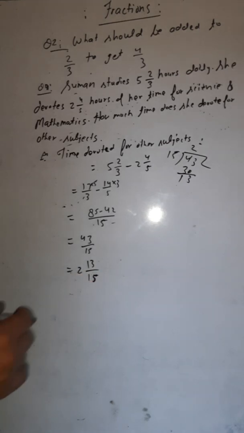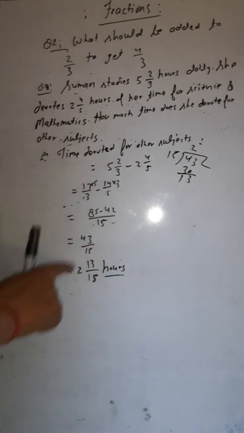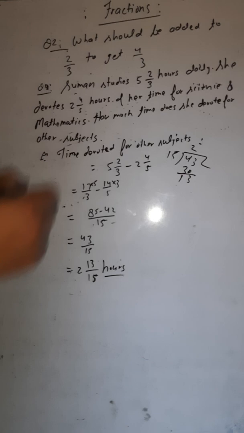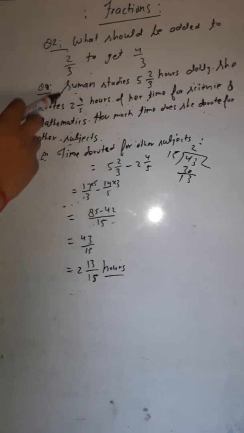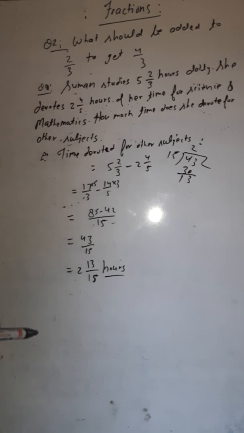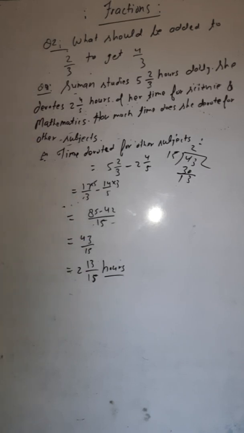So this is the time, write here hours. This is the time she is giving for other subjects. Total she is giving this much time for study. Out of this is the time she is giving for mathematics and science. And the left is how much? Left is 2 and 13 by 15. So this is the time she would be giving to other subjects. Okay then, see you in the next lecture.